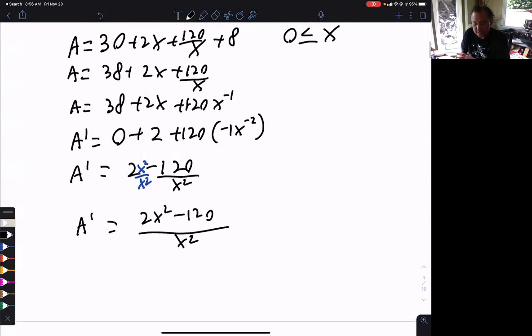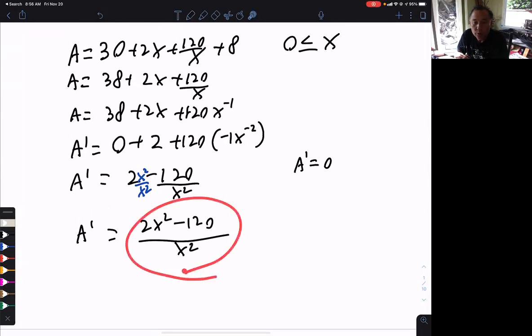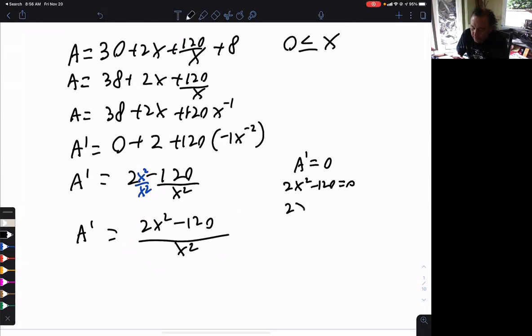So the question is, what are critical points? It's when the derivative is 0. Well, when is this 0? It's when the numerator is 0. So I set the numerator equal to 0, add 120 to both sides, divide both sides by 2, square root both sides.